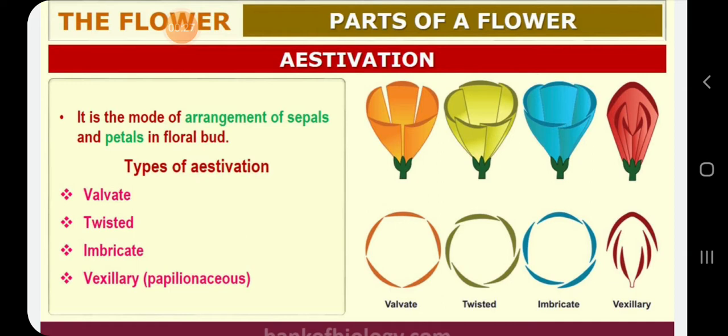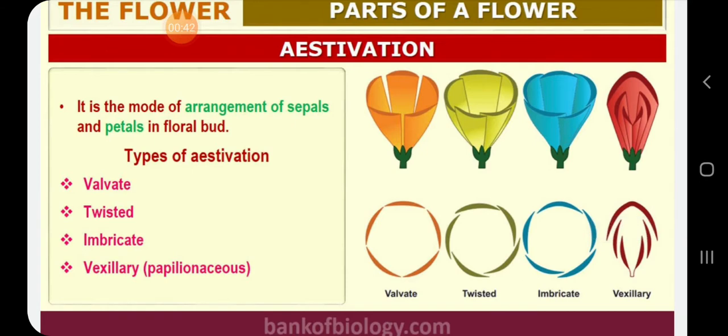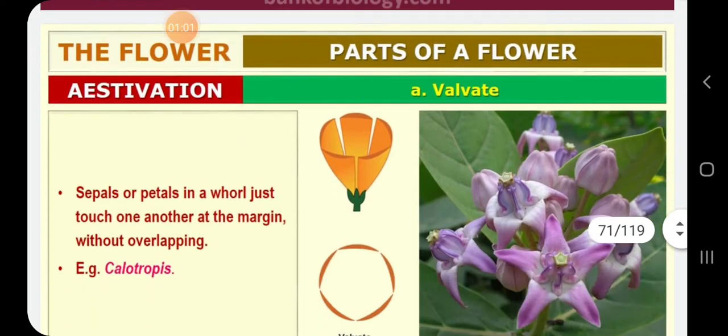The petals and sepals are arranged in a peculiar manner, and this arrangement is known as estivation. There are 4 different types of estivation: valvate, twisted, imbricate, and vexillary. We will talk about them one by one.